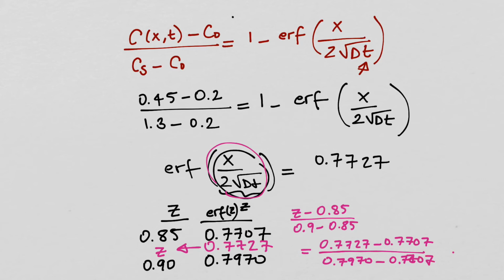From here you calculate z, and it should be 0.854.